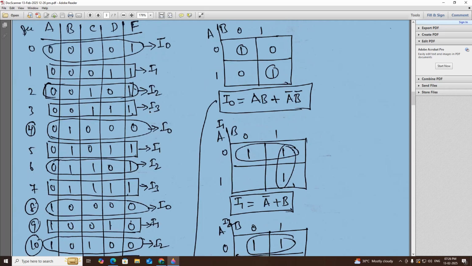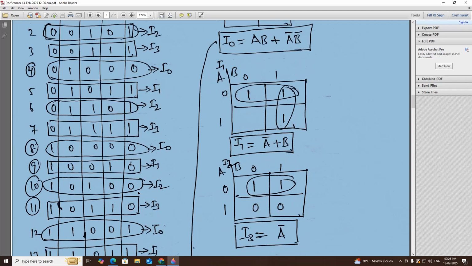What about the remaining? For the remaining, you have to enter 1.